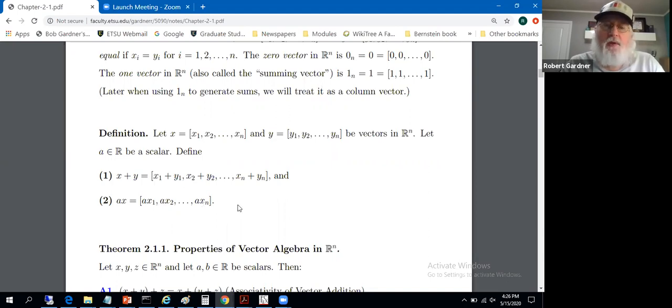Scalar multiple of vector x: take that scalar and put it on each of those components. Is this distribution? Remember how I said distribution requires 2 operations? You only have 1 operation, the operation of scalar multiplication. This isn't distribution. There's nothing to distribute over. You might say we're distributing that A onto the components of this vector, but that's not a distribution property, and I wish you wouldn't call it distributing.